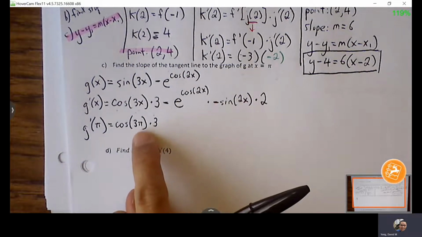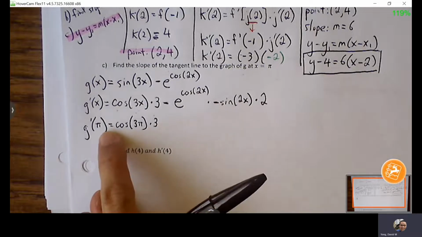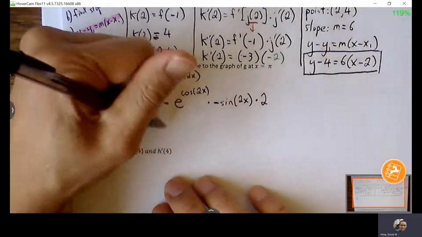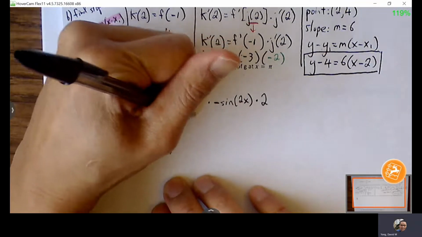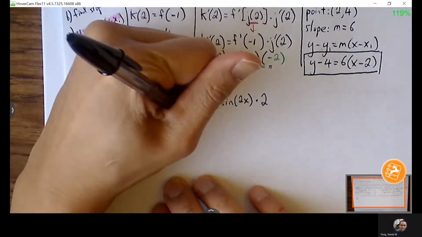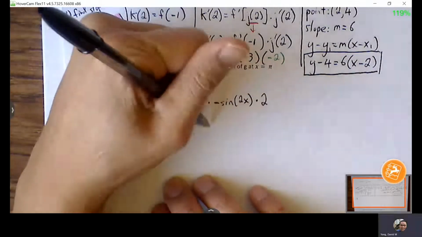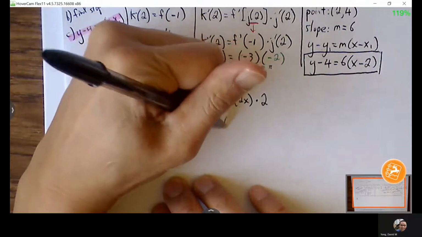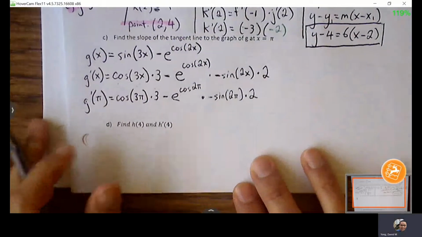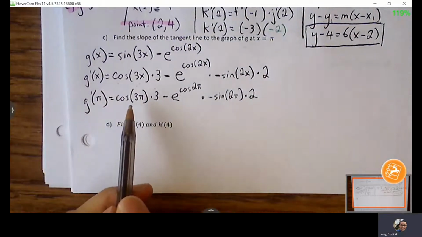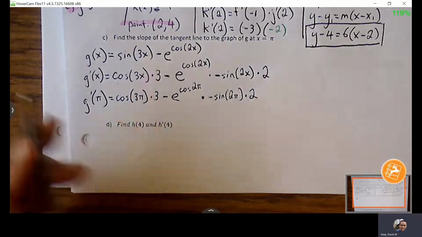We can't multiply this and make it 9 pi, right? That 3 is really a coefficient. Okay, cosine of 3 pi is same thing as cosine of pi. Cosine of pi is -1.